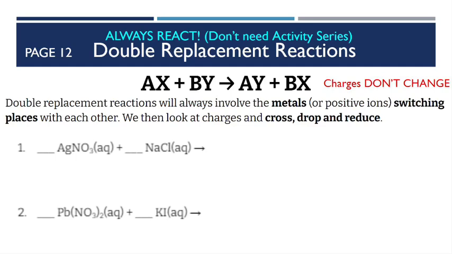So even way back then, we told you double replacement charges don't change. They're the same before and after, but it didn't really mean much to you. That is actually going to be a really important idea here as we're working out these examples, and especially number 2 and 3. So write that down, and I'll bring it back when it becomes more relevant again.